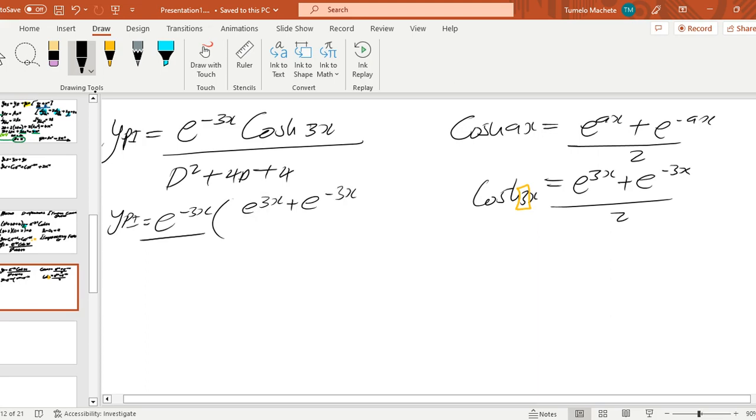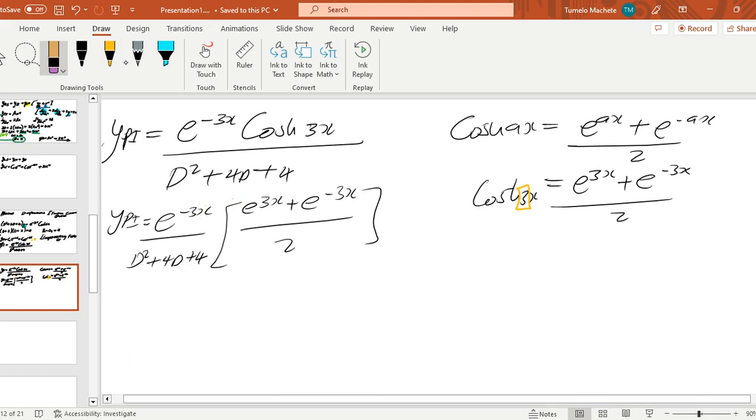To make it nicer, put D squared plus 4D plus 4 outside. Let's make this bracket bigger, then divided by 2. Okay, so now we're going to remove the brackets. We're going to multiply everything out.